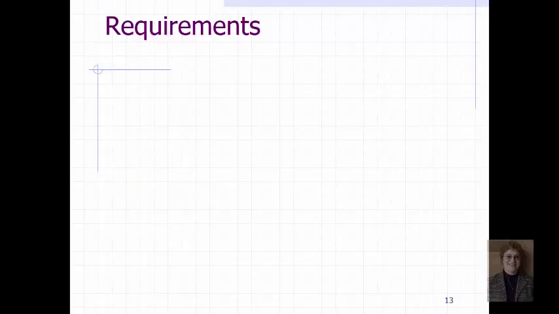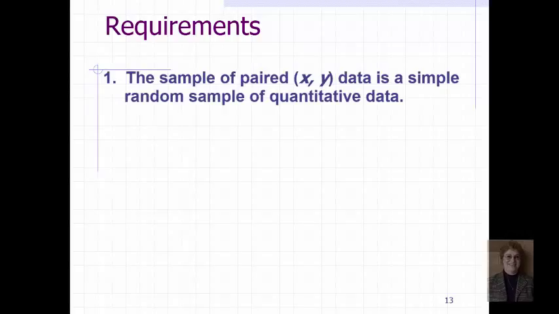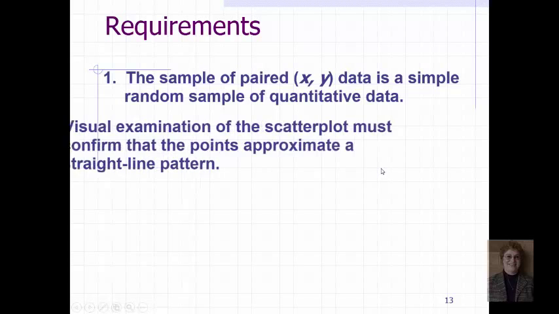Now, in order to do a correlation, there are some things that have to happen. The first one is the data needs to be paired, two things measured about one individual, from a simple random sample, and it must be quantitative data. We will look in chapters 11 and 12 at how we deal with qualitative data.